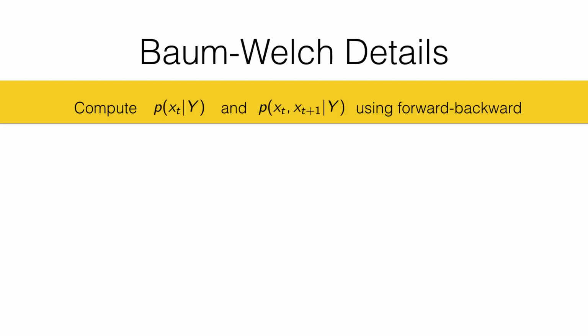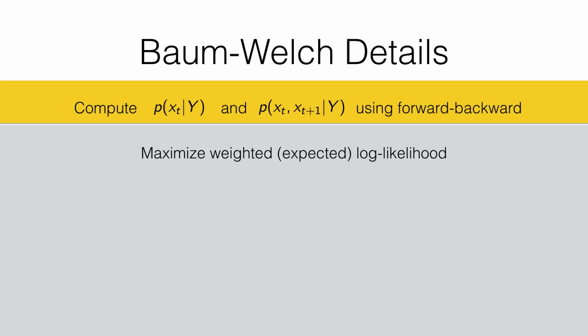So the details are, we compute P of xt given y, and we compute P of xt and xt plus 1 given y using forward-backward. We already showed you how to do that. You basically compute all the forward messages, you compute all the backward messages, and then you have these formulas for P of xt, and P of xt and xt plus 1. Okay, and then that's the E step, and then the M step is we're going to maximize the weighted expected log likelihood.